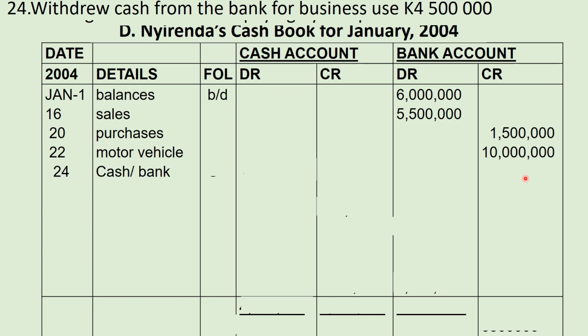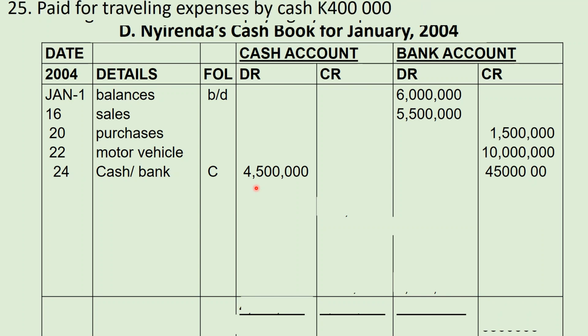So money is going to cash from the bank. In the folio, you put a C to show that this is a contra. So in this contra transaction, 4,500,000 was received from the bank, and the bank gave away 4,500,000.